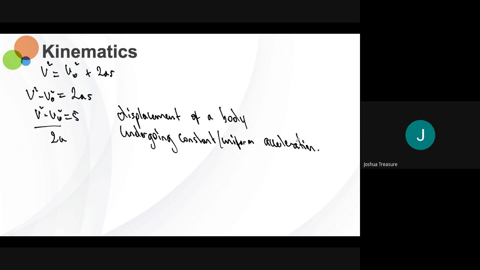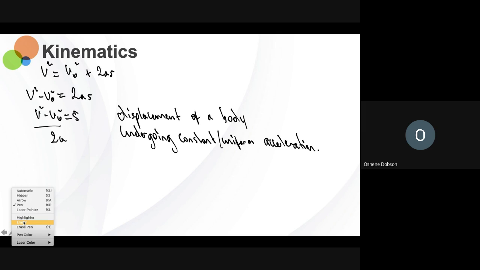Yeah, I'm hearing you. So we have 2AS, sir. Why didn't you just divide everything? Why did you just divide by 2A on one side, like on this side alone? Oh, yes, sir.